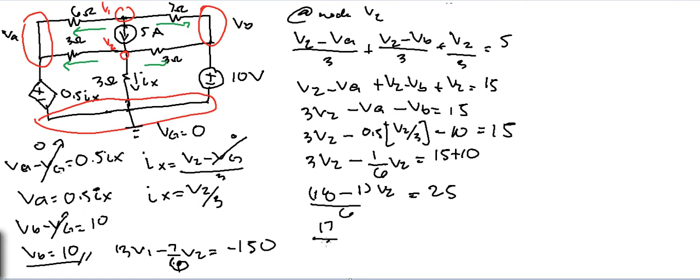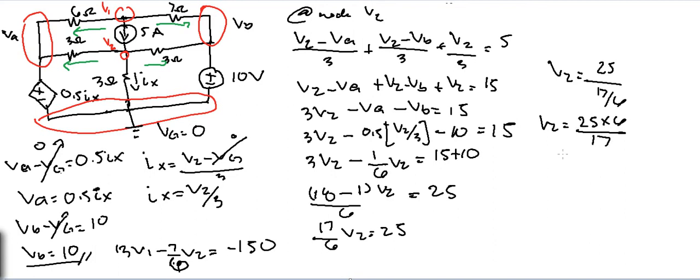We have 17 over 6 V2 is equal to 25. Now, the value of V2 is 25 over 17 over 6, or V2 is equal to 25 times 6 over 17.